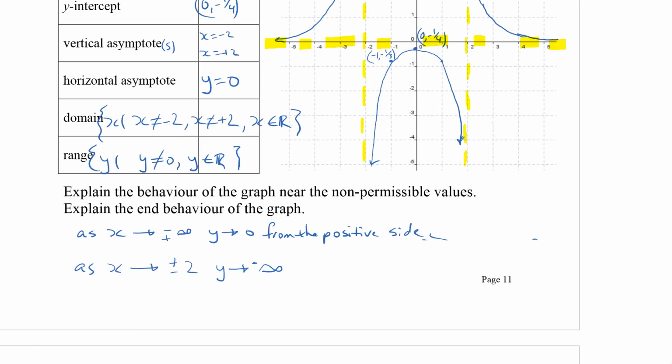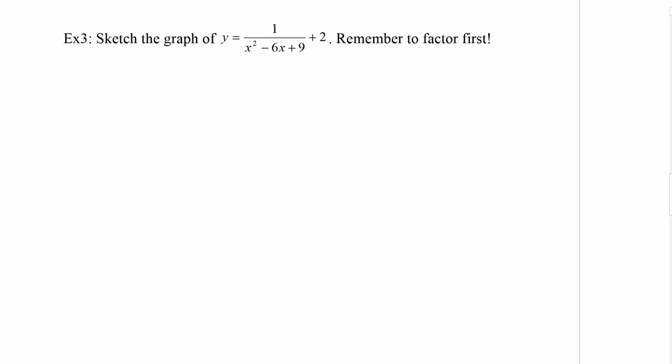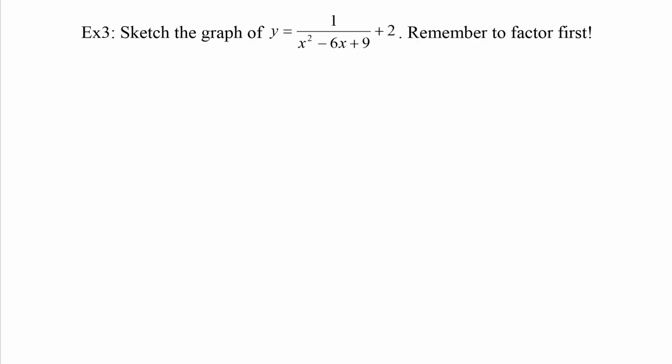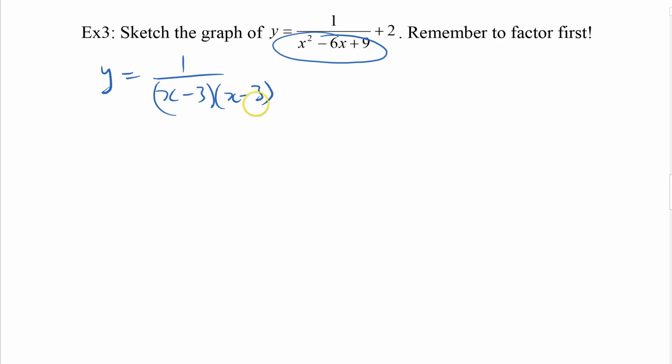We should go along to example number 2, and this one looks a little bit different. It says sketch this one here, but remember to factor first. So when we factor this, looking at the denominator, factoring x squared minus 6x plus 9, it works out to 1 over x minus 3 times x minus 3, because we have two numbers, negative 3 and negative 3, that when multiplied together give us a positive 9, and when added together we get a minus 6, so that works out.